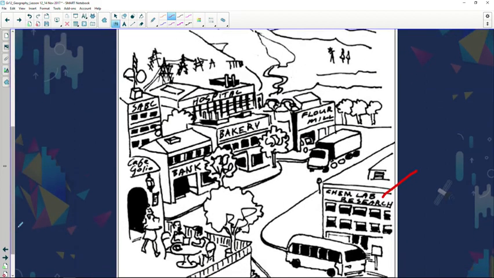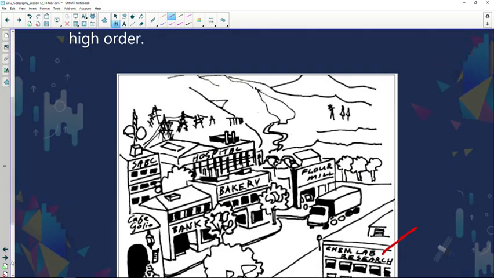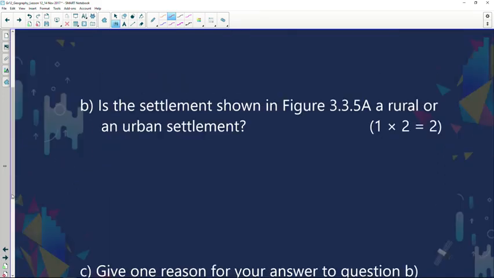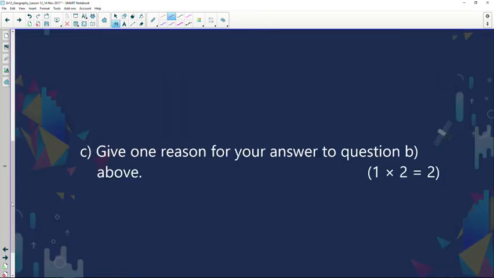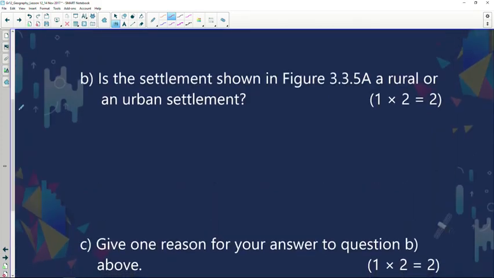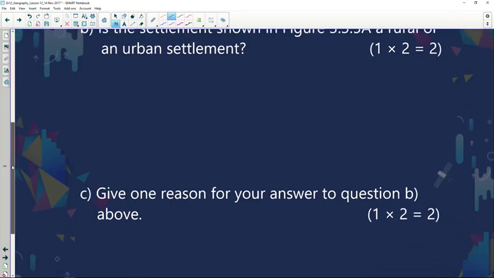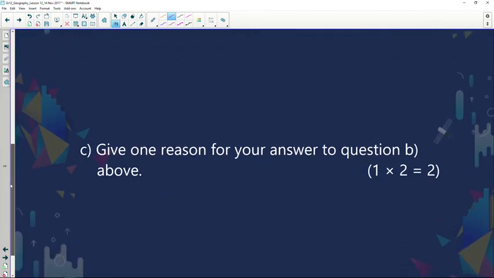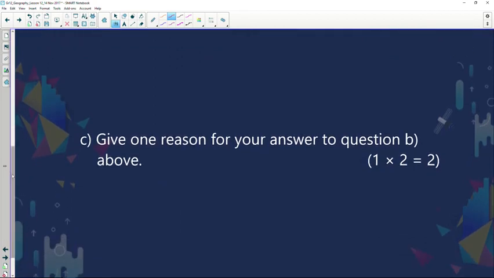And then I see quaternary activities as well, where there's research taking place. Now, is this a settlement? We've just answered this question. It's definitely an urban settlement. Give one reason for your answer: there are no rural activities taking place in the diagram.